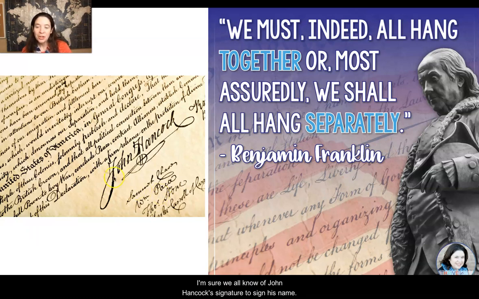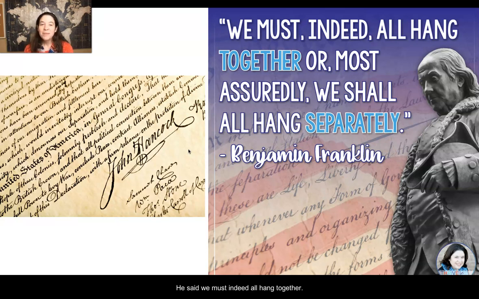I'm sure we all know of John Hancock's signature. He wanted to sign his name so big that King George could read it without his glasses. And, just looking at the size of his signature, I think he achieved that. Benjamin Franklin, you can always count on him for something witty.